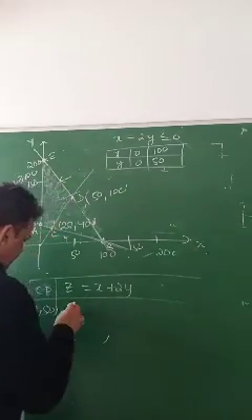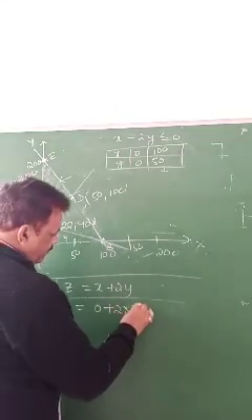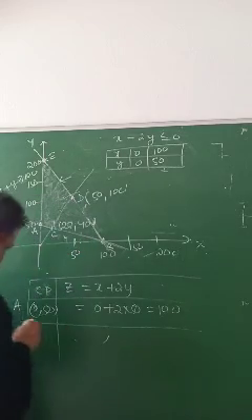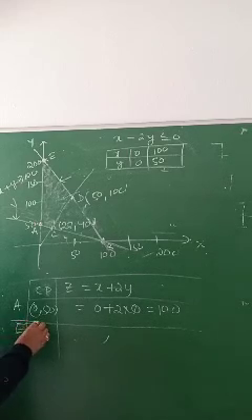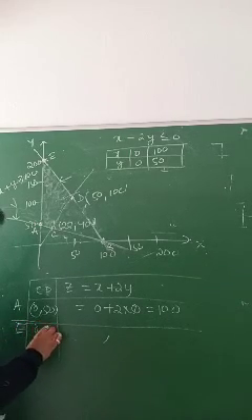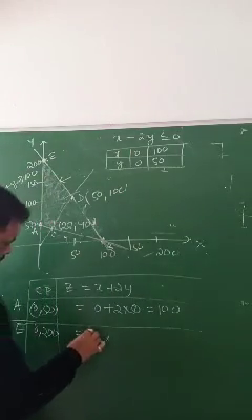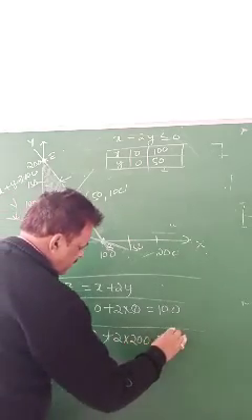Put 0, 50 here. 0 plus 2 into 50, that is 100. Not B, we have E: 0, 200. 0 plus 2 into 200, that is 400.